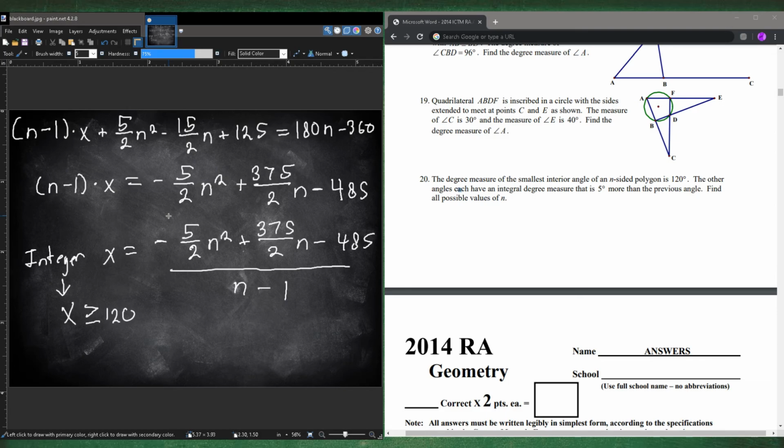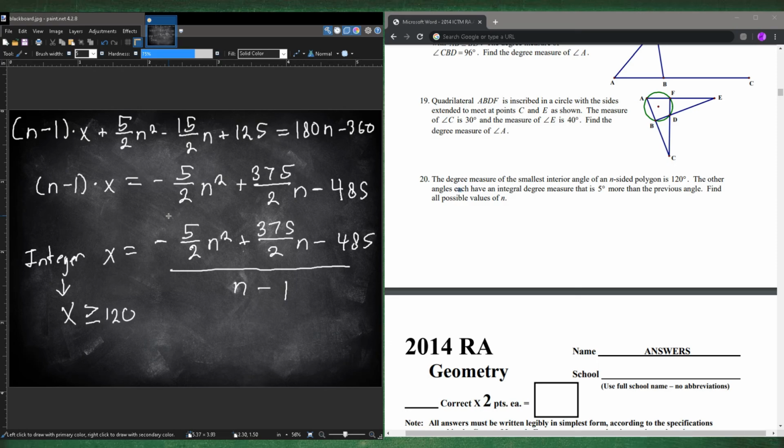Sorry about that. If we plug in 2, that's a negative. That doesn't work because x has to be a positive number. You can't have negative degrees. So we have to plug in some numbers.